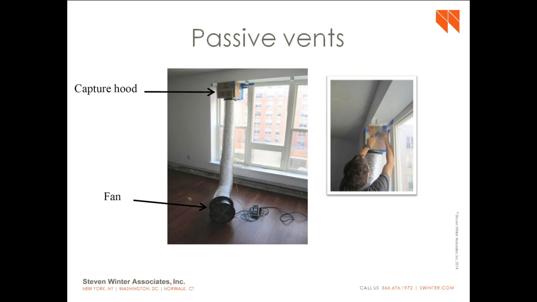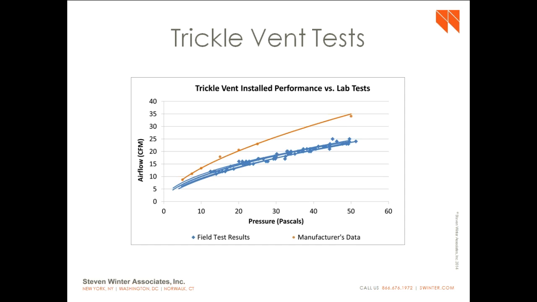And so the idea is to get a performance curve for a trickle vent as it's installed. So this is data from one building of 5 trickle vents. The blue line shows performance from these 5 trickle vents at various pressures, and then the line above it is the same model of trickle vent done in a laboratory.